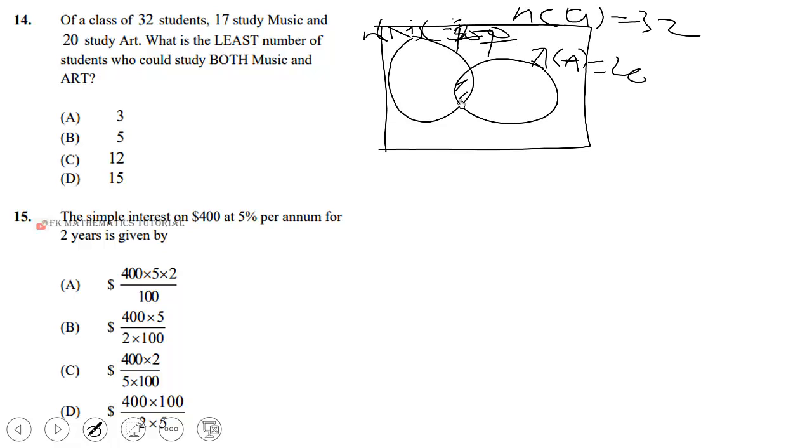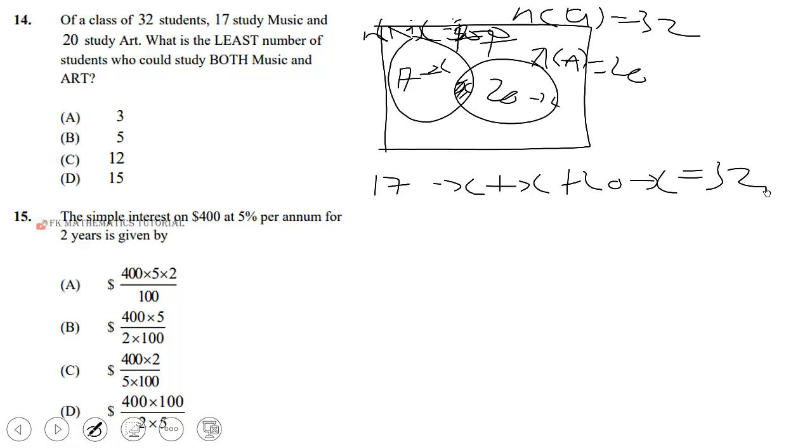This is the shaded region, both. How do we do that? If this is x, the intersection, then this will be 17 minus x and this will be 20 minus x. So 17 minus x plus x plus 20 minus x must give us the universal set, which is 32.